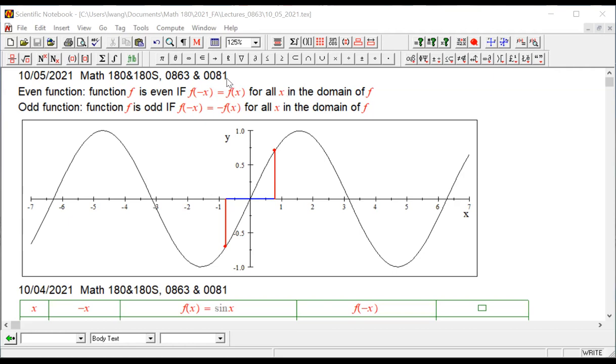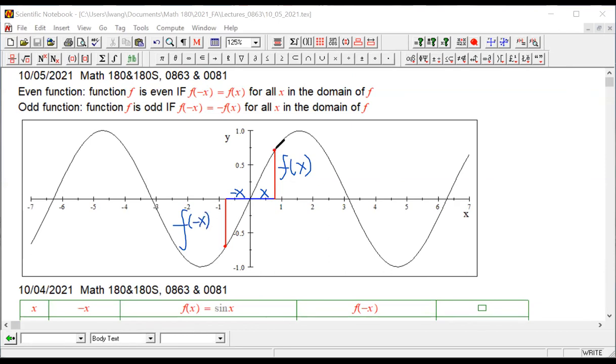If this side is x, and this side will be negative x, they're always opposite. You could have x on the left or x on the right, but the other side will be the opposite. So in that case, the red will be f of x, and this red piece under is going to be f of negative x.